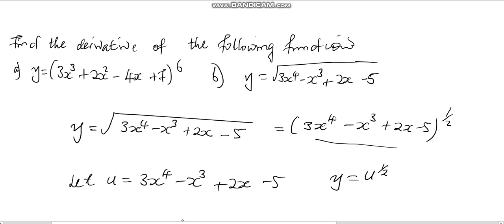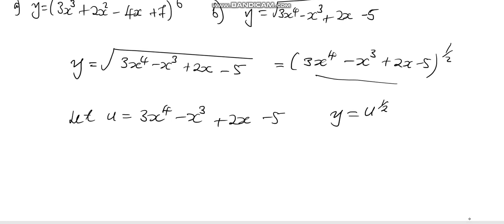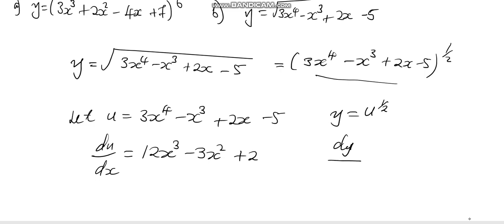We differentiate u with respect to x, so du dx here will simply be equal to 12x to the power 3 minus 3x to the power 2 plus 2. Then we differentiate y with respect to u: power times coefficient, power minus 1.